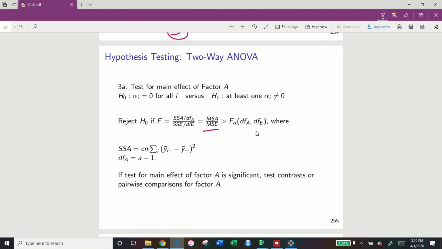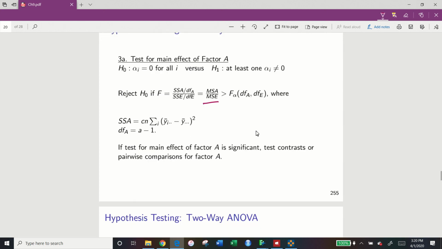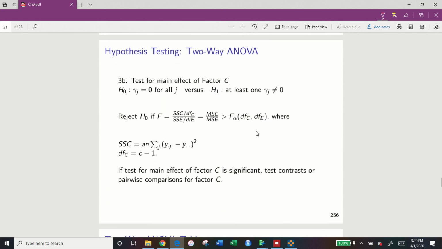If the test for the main factor A is significant, we can go ahead and test the contrast or pairwise comparisons for factor A. Regardless of that, we are still going to want to test the main effects for factor C. So for this, our null hypothesis is gamma_j equal to 0 for all j versus the alternative where at least one gamma_j is not equal to 0.